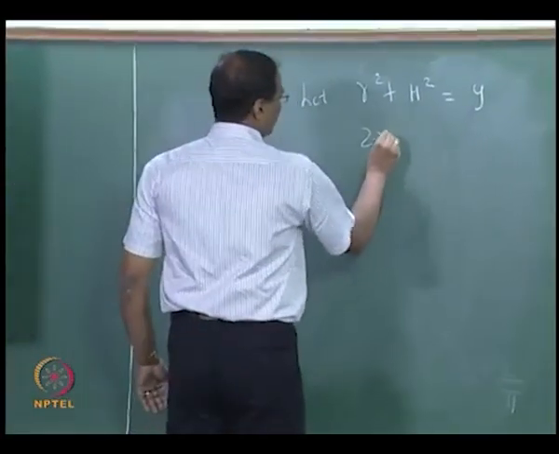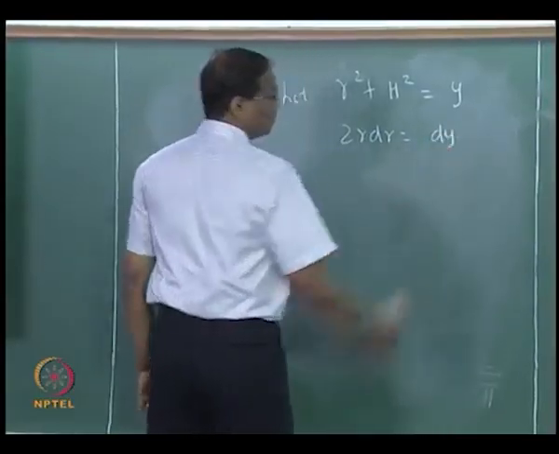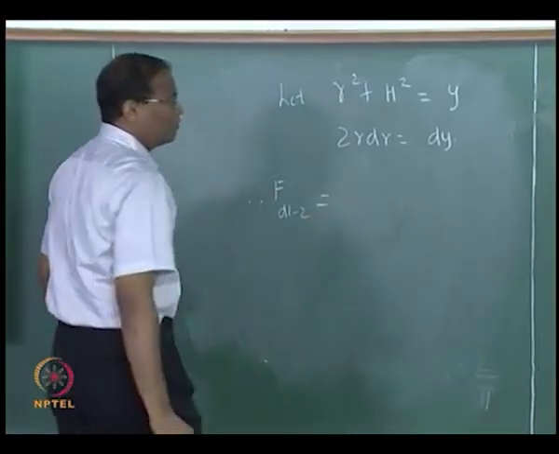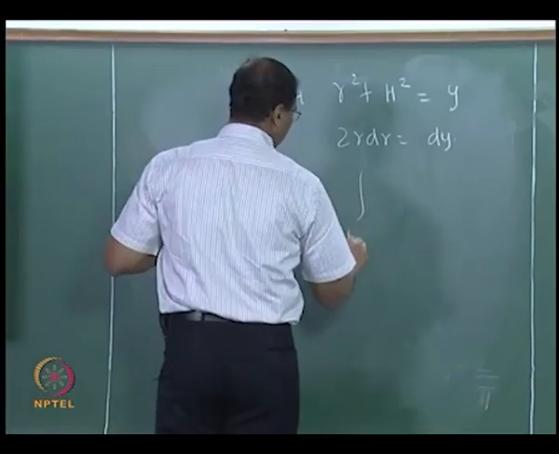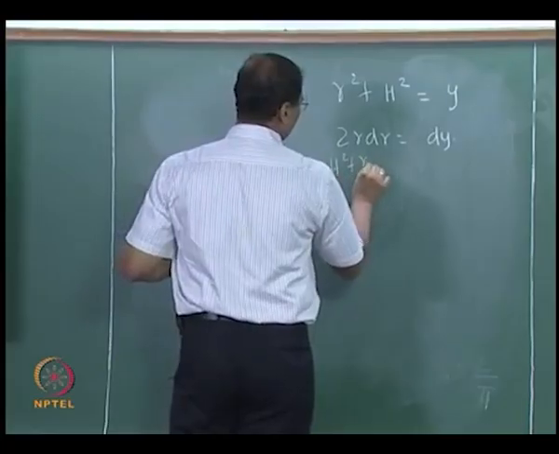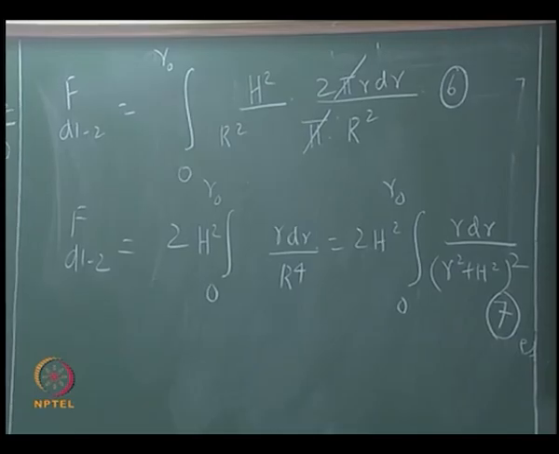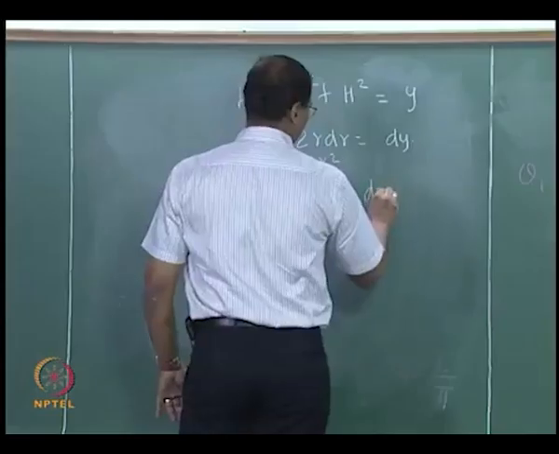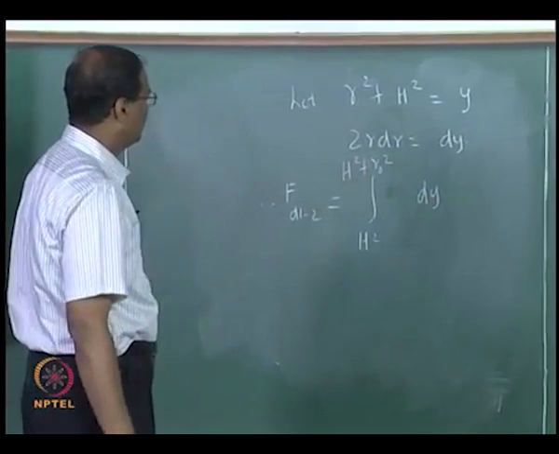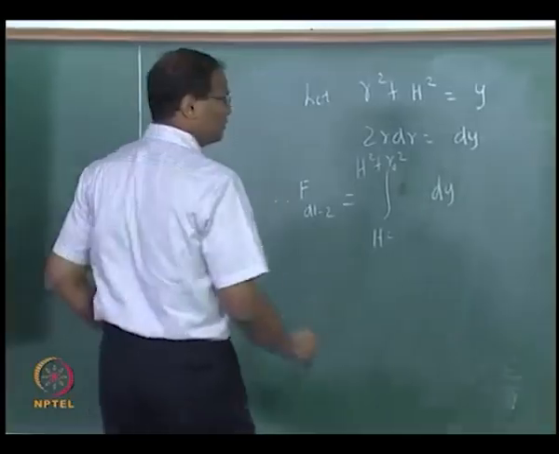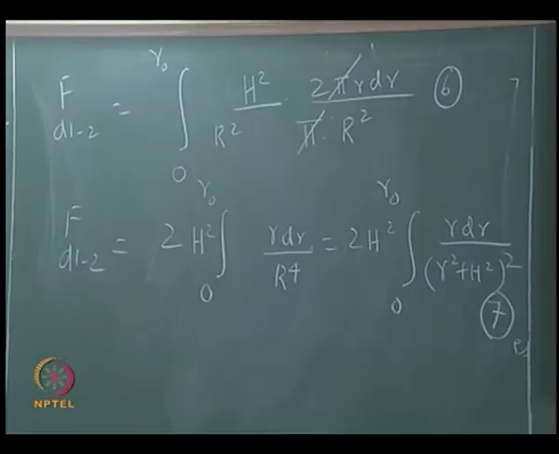Therefore, I will have a half, h square by 2, y square.